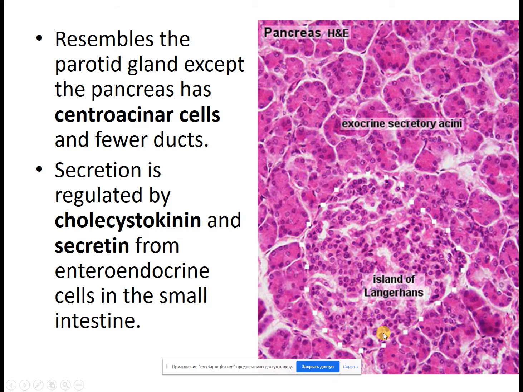Here, islets of Langerhans, which I didn't mention to you. You see, here we have very large basophilic cells with very rich cytoplasm, and here we see some very tiny cells. The function of these cells is producing a very little amount of secretion.